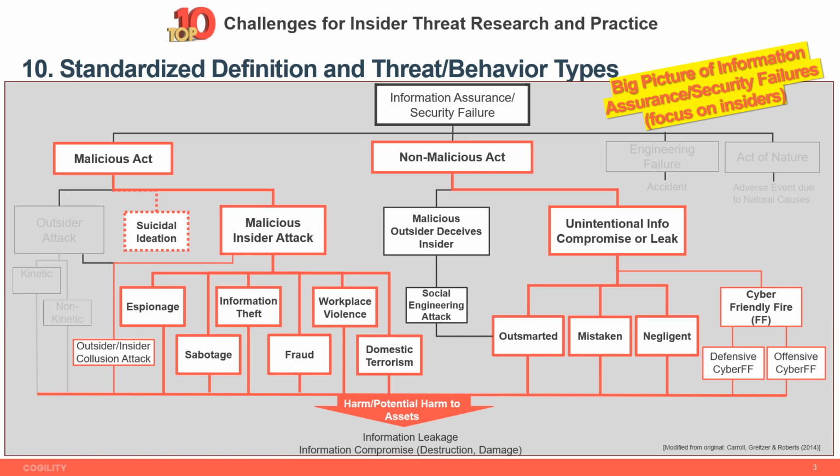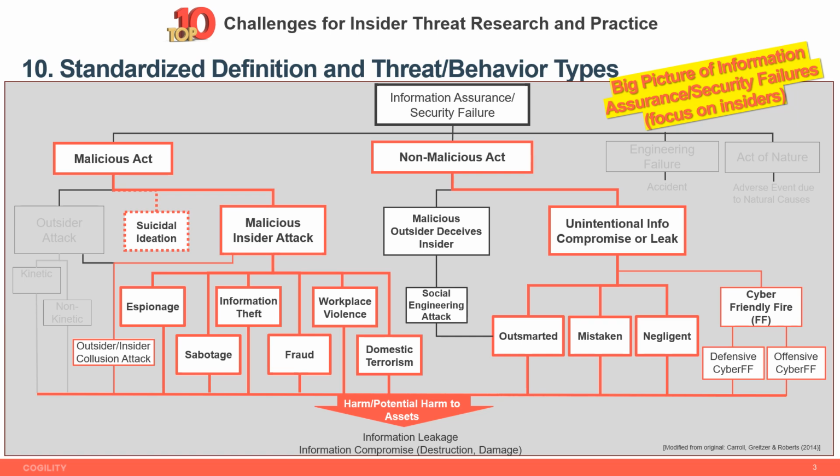The various malicious insider threats are on the left side, and I have accommodated domestic terrorist threats and suicidal ideation in this new diagram. On the right side, showing unintentional insider risks, I delineated the 3 major types comprising outsmarted insiders, mistaken insiders, and negligent insiders.